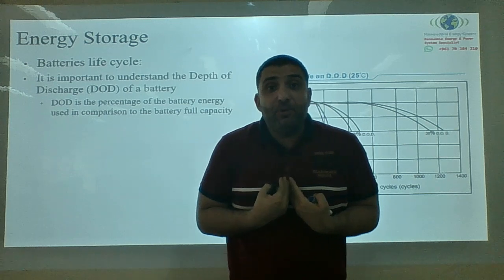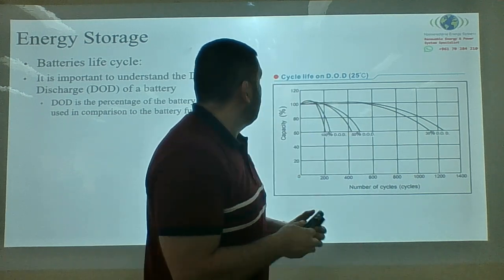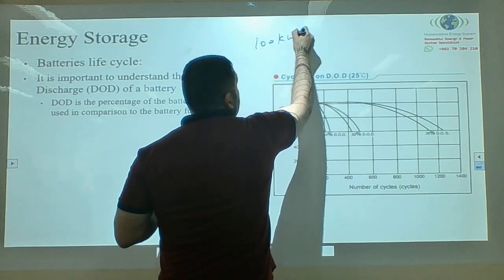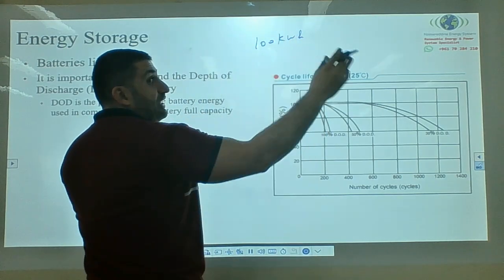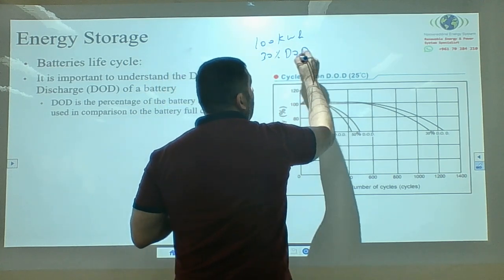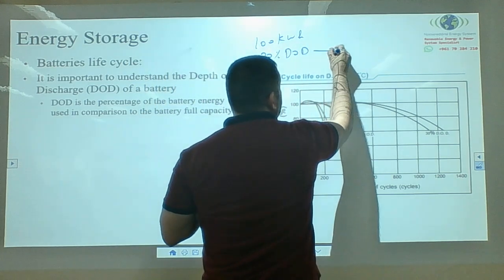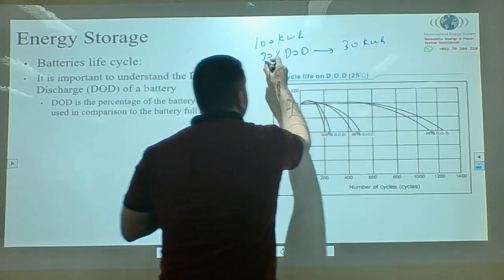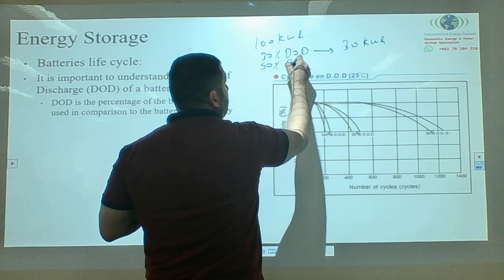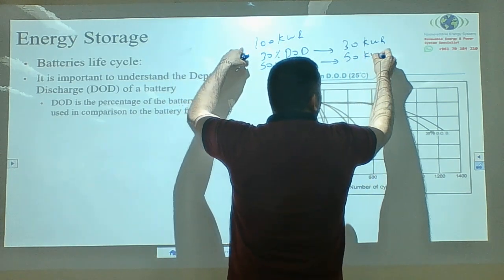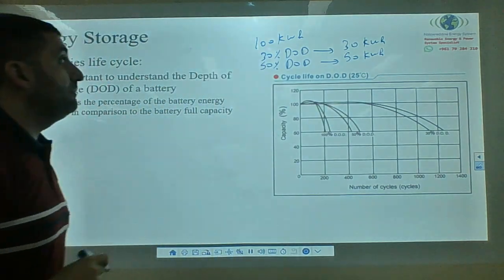If I have 50%, let's write it down. If, for example, I have a 100 kilowatt hour total energy storage bank under 30% DOD, I can only use 30 kilowatt hours. Under 50% DOD, you can only use 50 kilowatt hours of its maximum capacity.